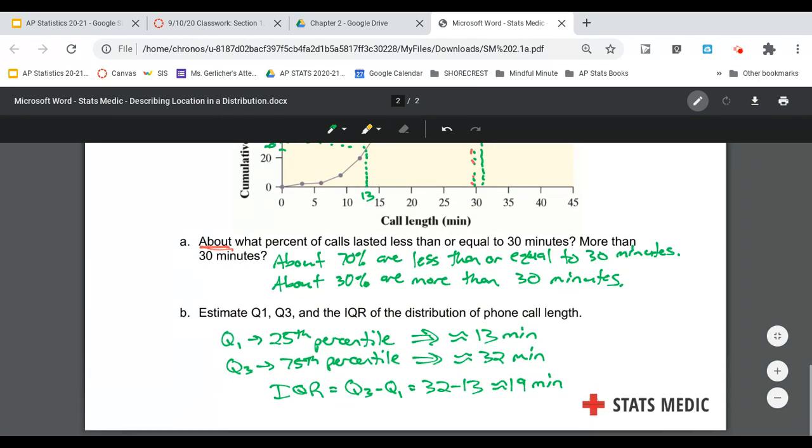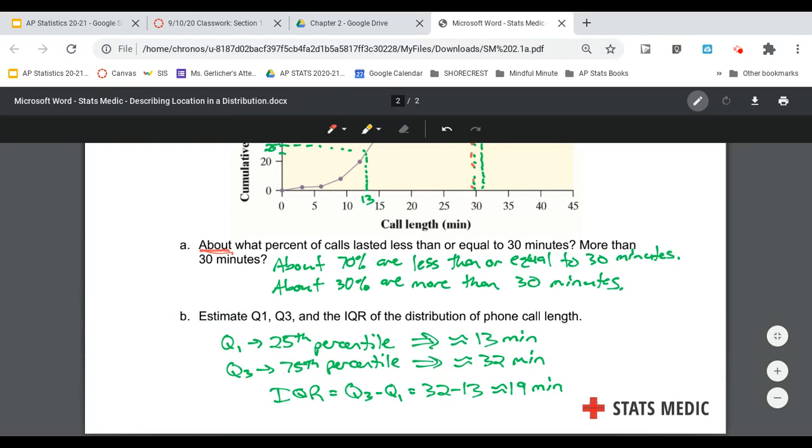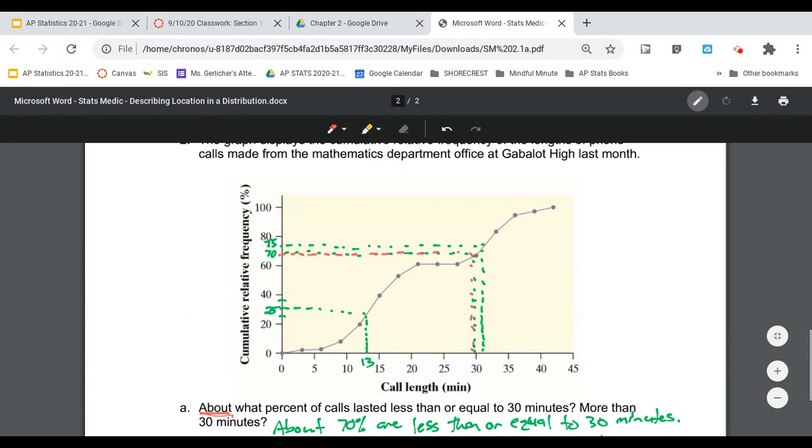Okay, so then estimate quartiles and IQR. Remember that quartile 1 is at the 25th percentile. It's 25% of the way into your list of data. So I go look for the 25th percentile right here, and I trace the other way. And I guesstimated 13 for a call length. And 75th percentile, again, trace on over.